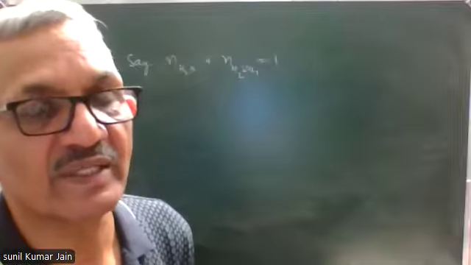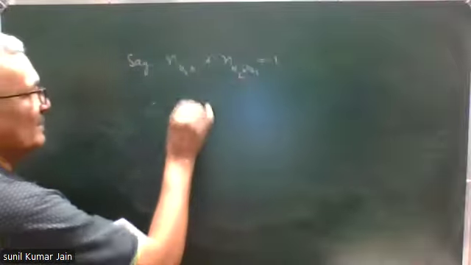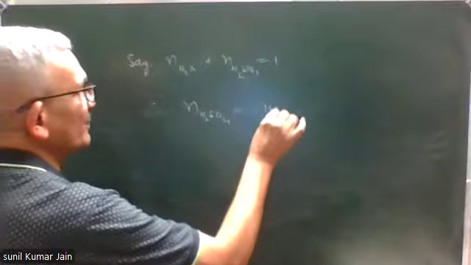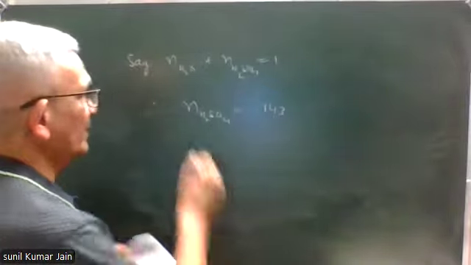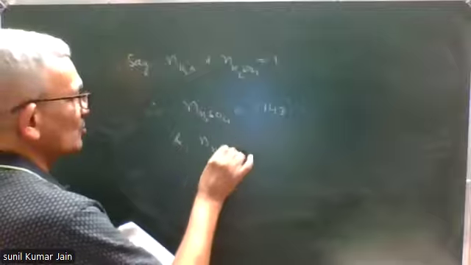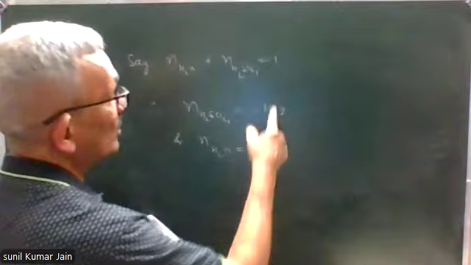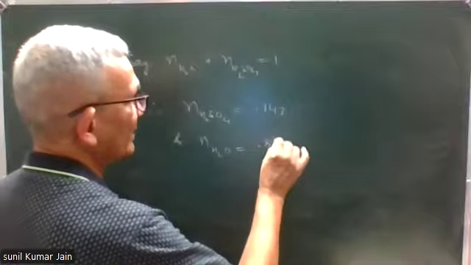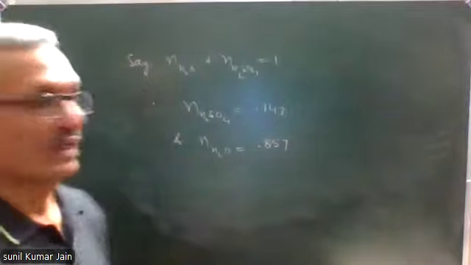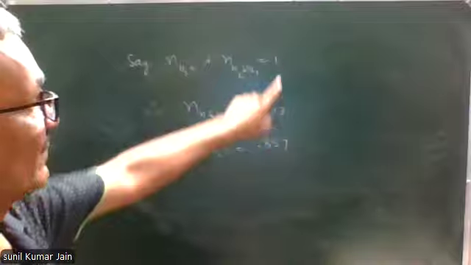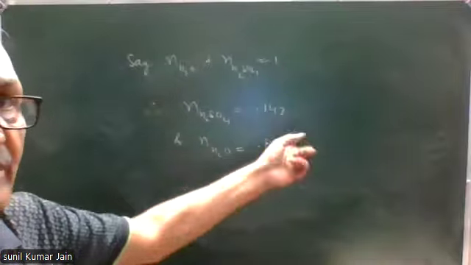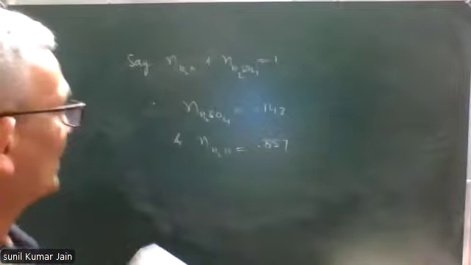I'm assuming 1, that will become easy. Therefore, number of moles of sulfuric acid will be 0.143 and number of moles of water will be total minus this, that is 0.857. Number of moles of sulfuric acid divided by total will be mole fraction. So mole fraction will be equal to number of moles in this case.